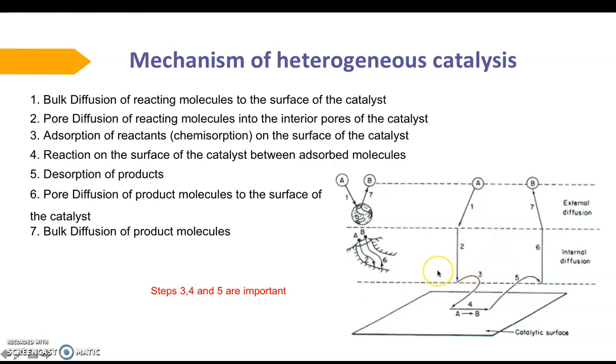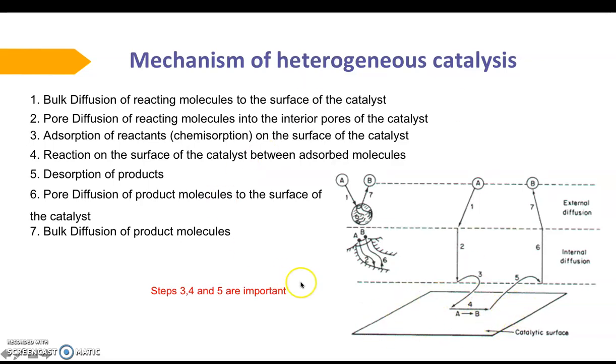The third step is adsorption, mostly chemisorption, on the surface of the catalyst. Then only at the fourth step you will see the reaction on the surface of the catalyst between adsorbed molecules. The reaction only takes place at step 4, where A reacts to become B at the catalyst surface.